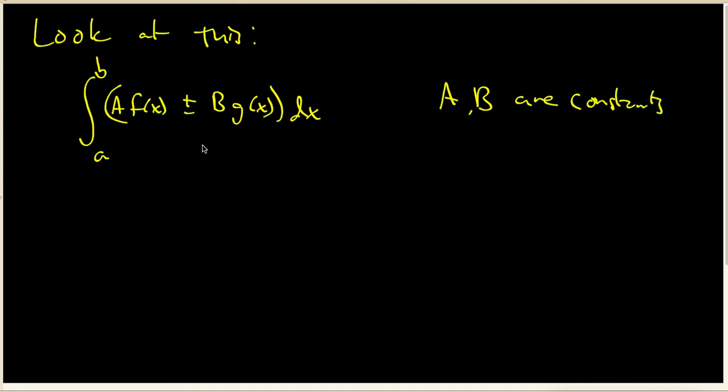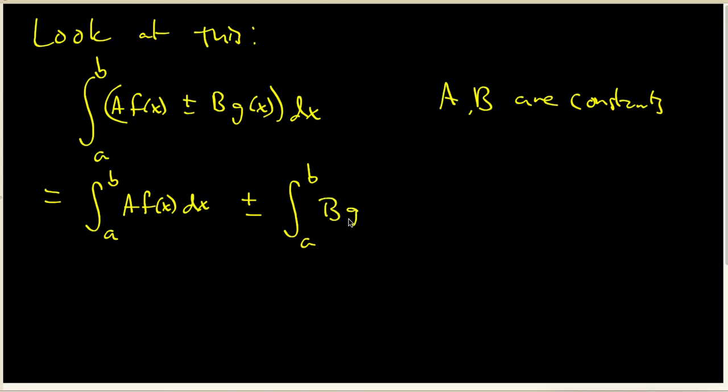By our first linearity property, we can break this integral up at that plus or minus sign. And so this integral can be rewritten as the integral from a to b of capital A times f of x dx plus or minus the integral from a to b of capital B times g of x dx.